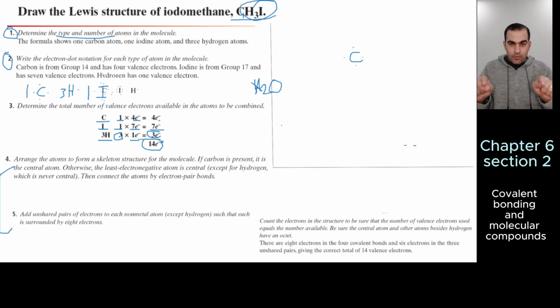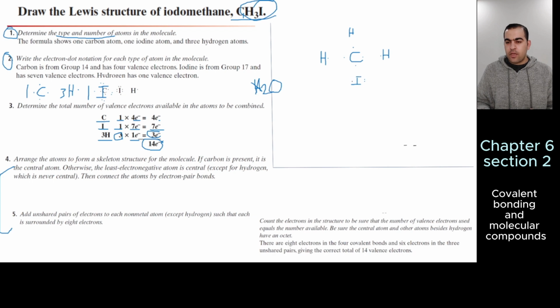They make bonds with the central atom. So carbon is central, and we have 3 hydrogens. The 3 hydrogens surround the carbon, because carbon is central. And we have 1 iodine.